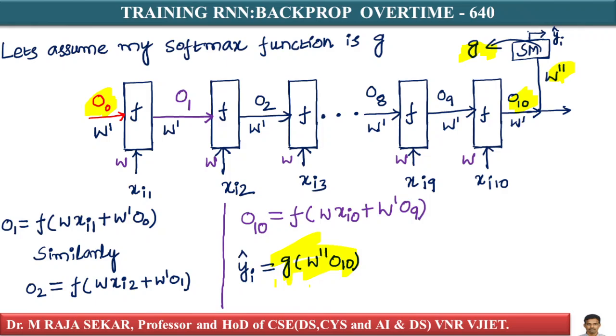Now how does the calculation work here? First, let's look at the forward propagation, then we look at the backward propagation. This is a very simple notation to understand this easily. The direction of your arrows, or forward direction in time, is the way your forward propagation works.